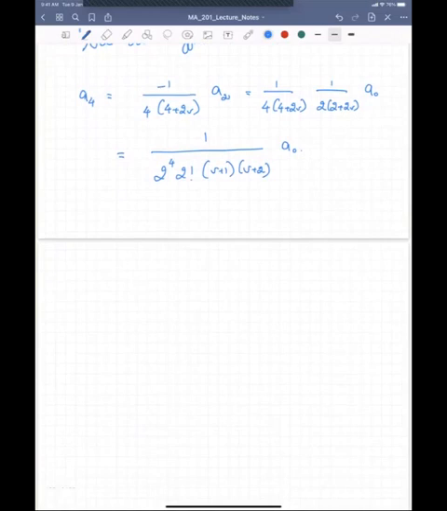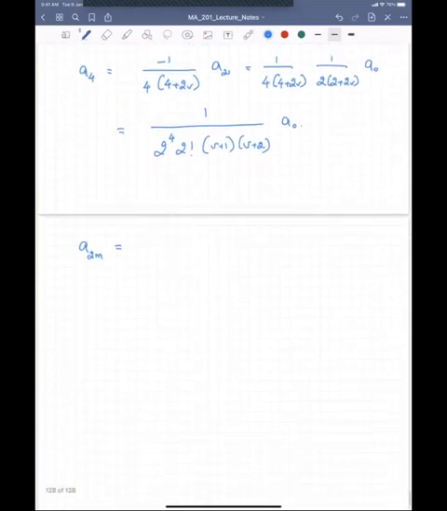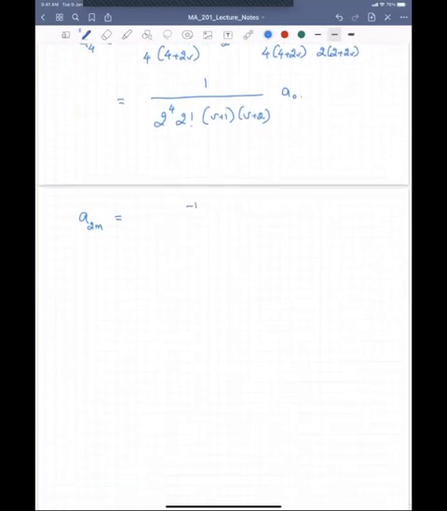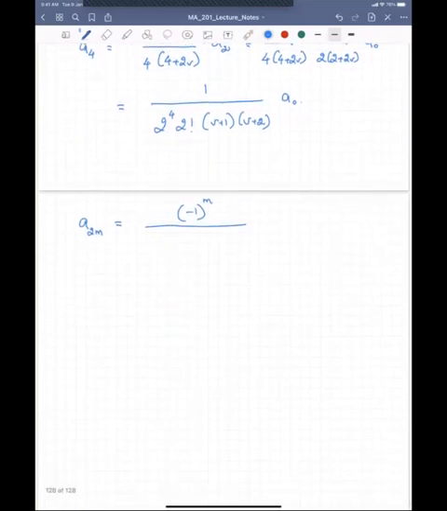And I can quickly write a very simple formula for all the even coefficients. The even coefficients will alternate in sign. So as you can see, a2 has a negative sign and a4 has a positive sign. So a to the 2n will have a minus 1 to the n. Okay. And then there'll be as many powers of 2 as the coefficient that we are looking at. So there'll be 2 to the 2n.